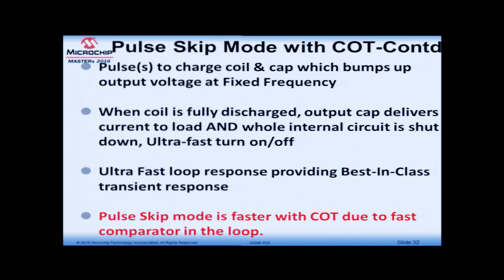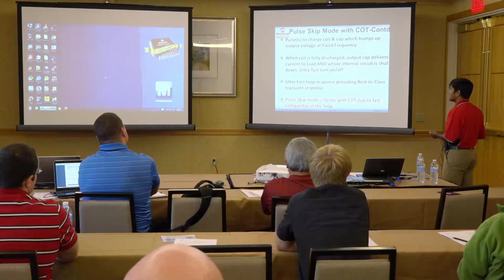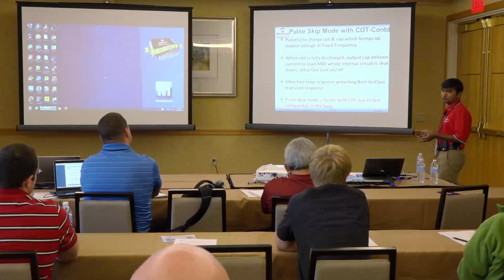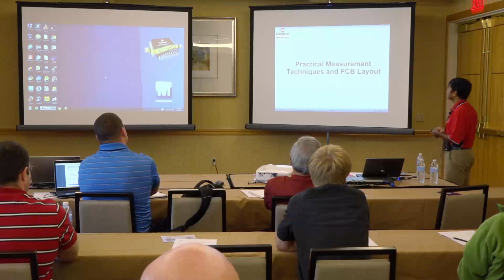When the coil is fully discharged, the output cap delivers the current to the load and the whole internal circuitry is shut down for ultra fast turn on and off. The pulse skip mode is much faster in the COT due to the fast comparator in the loop. That is the inherent advantage with the COT.